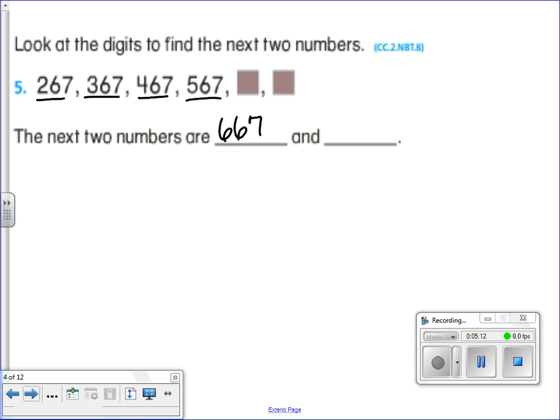So, no, look right here. Look at the digit in the hundreds place. It's going up by one each time. That's right. So we have 2, 3, 4, 5, 6. Now this is going to have to be 7. And the 67 remains the same each time.